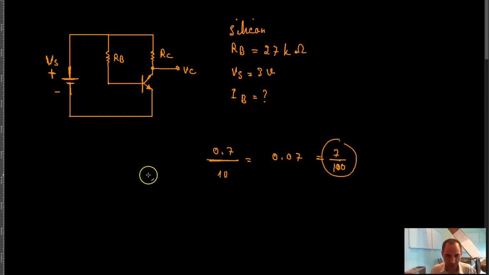But suppose that your voltage drop is 0.7 and your supply voltage is, for example, 3 volts.